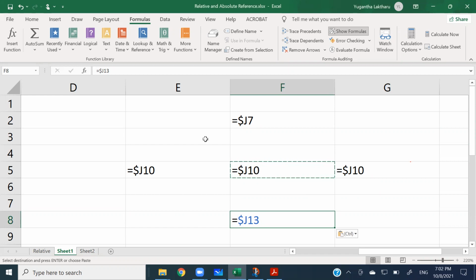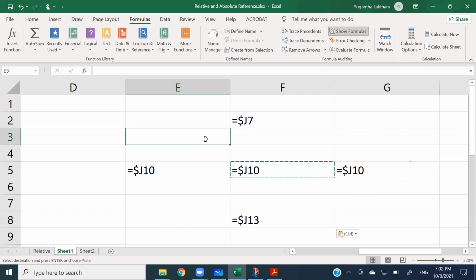Right? And if I copy this to this particular place, what should be the answer? I'm copying $J10 here. What should be the answer? Think and see. Over here. Tedara, yes, that's the answer. Ranima, we are going upwards.